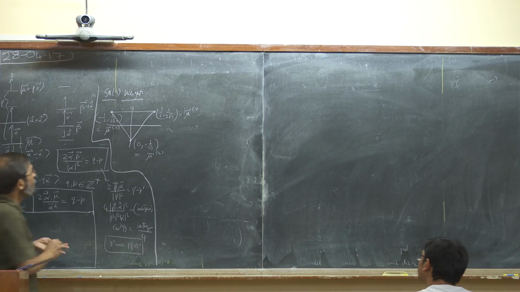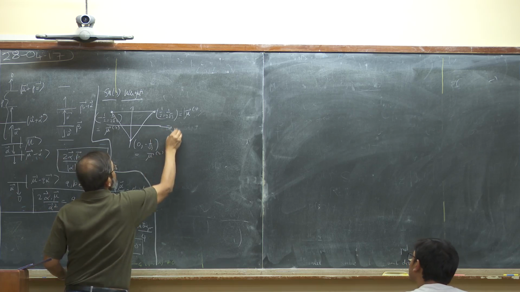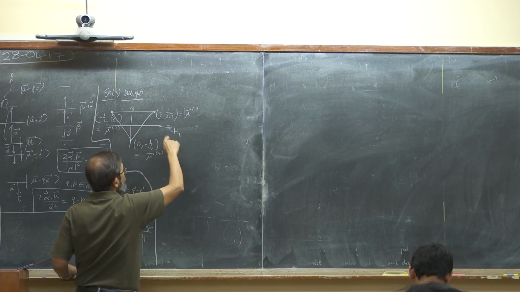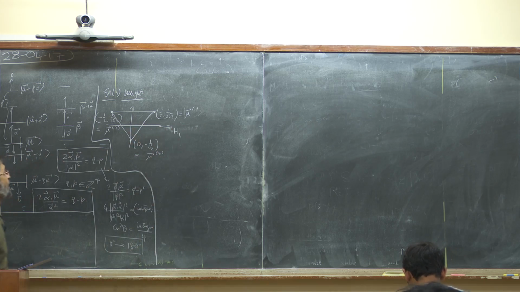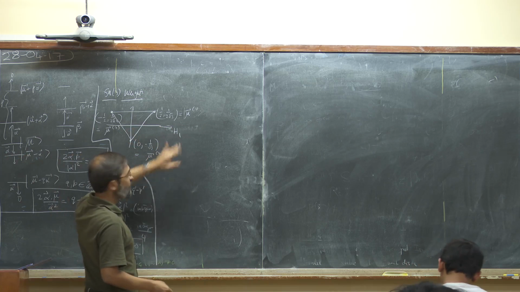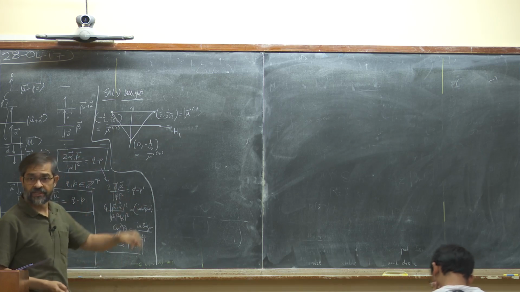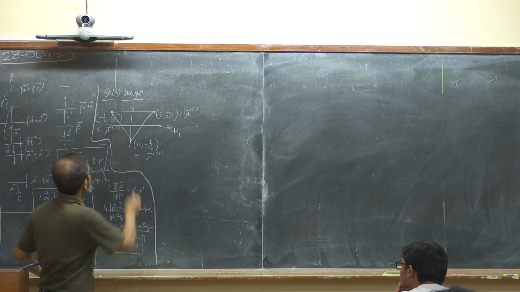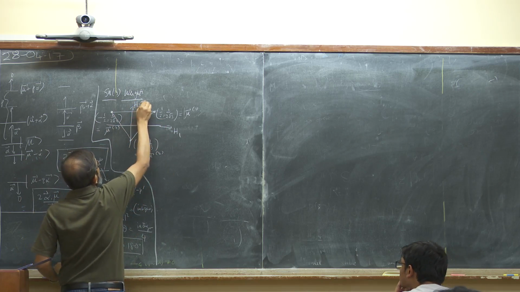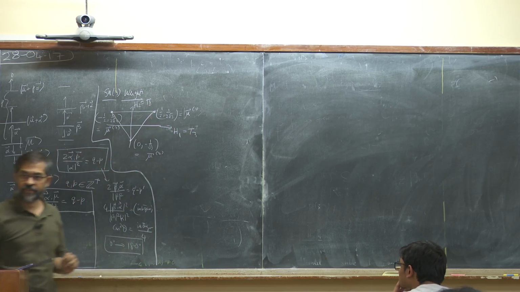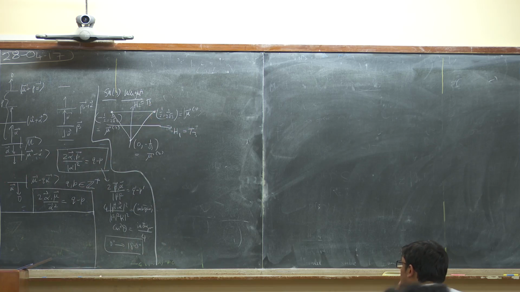Just to remind you, the x-axis was chosen by h1. So the eigenvalues of h1 denoted the x coordinate of each of these vectors, and the eigenvalues of h2, which was t8, and this one was t3 in the Gell-Mann notation.